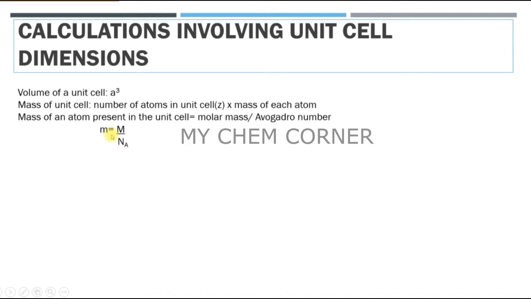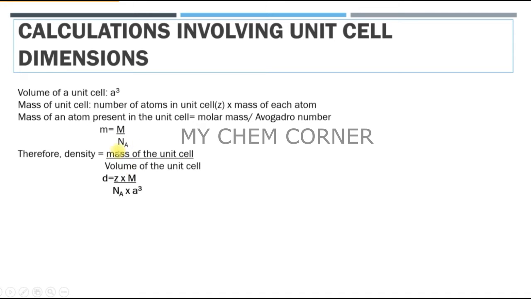Now from this, when we write the formula for density, the general formula for density is mass by volume. The mass of the unit cell is the number of atoms in a unit cell, given as Z, into the mass of each atom, which is capital M by Na.